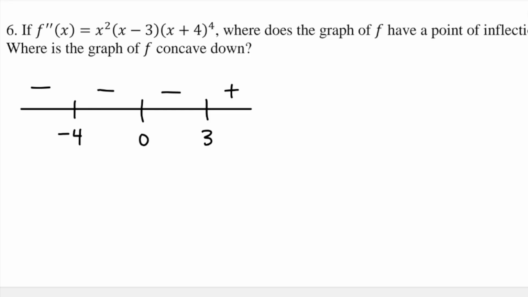I could see it like that, or I could go over here and say this is a 7th degree polynomial with a leading coefficient of 1. So it's going to come from below and go up. It's going to have its first zero at x equals negative 4. It'll be a quadruple root, so it's going to bounce.